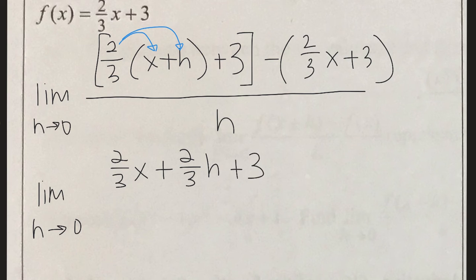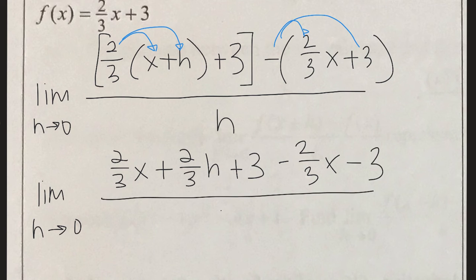And that's our first little function, 2/3 of x plus 2/3 of h plus 3. And now I have to distribute my minus into my second equation. So minus and minus means I have a minus 2/3 of x minus 3 all over h.